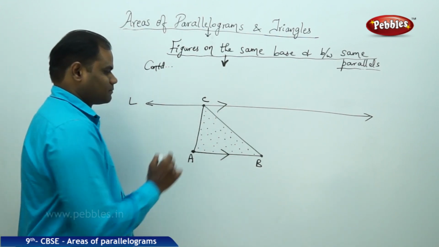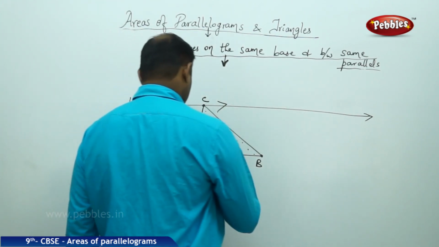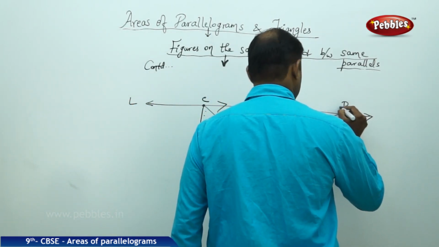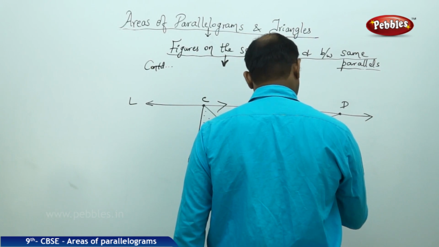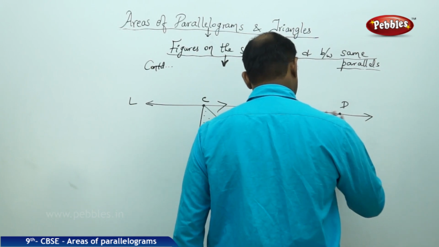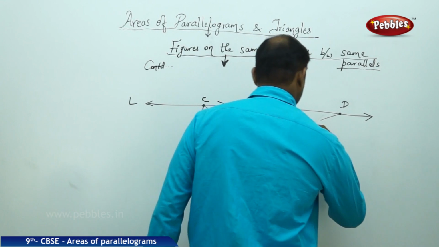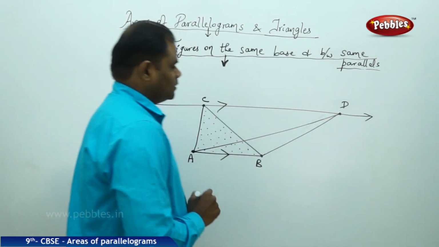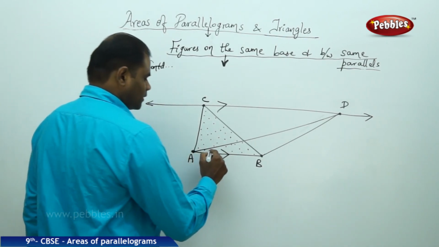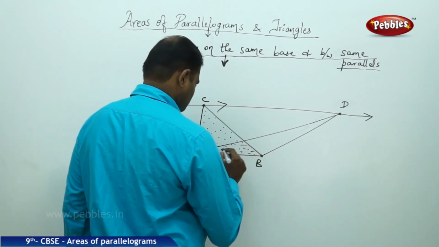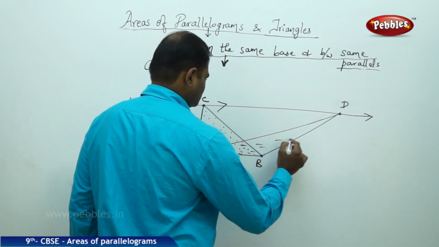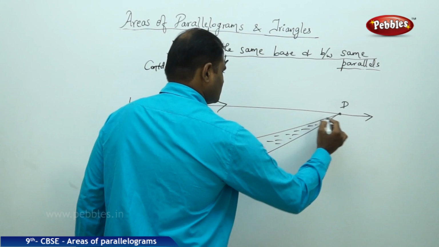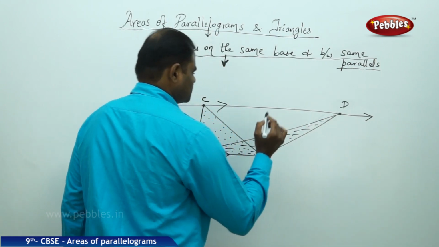Next comes another region in which I have a point D which connects with B, so I have another triangle with the shaded region.